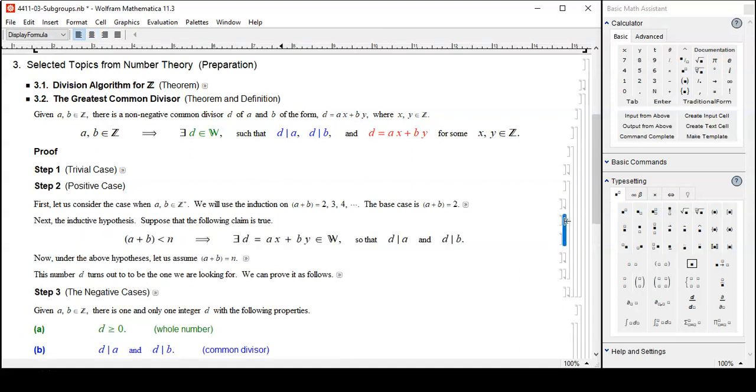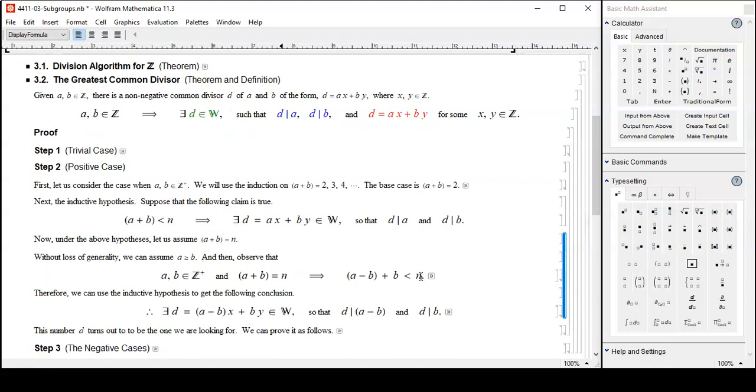Now, the inductive hypothesis, do you remember this? Assume A plus B is less than n, then the conclusion follows. And then under this assumption, let's prove it for A plus B equal to n, and we use this ingenious computation.